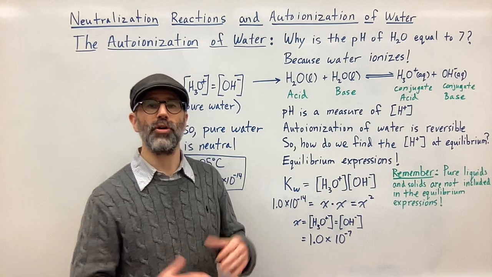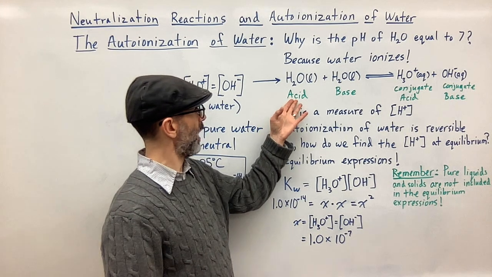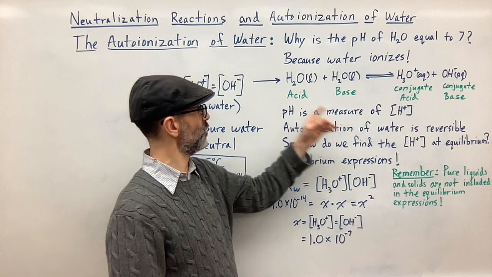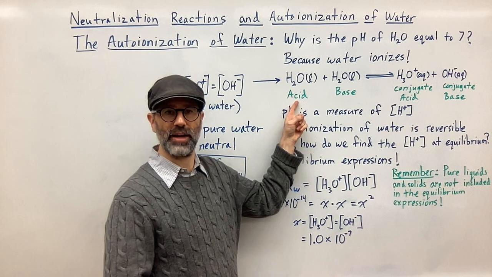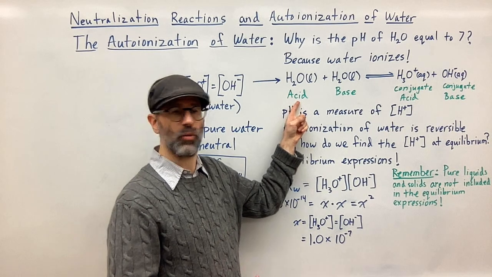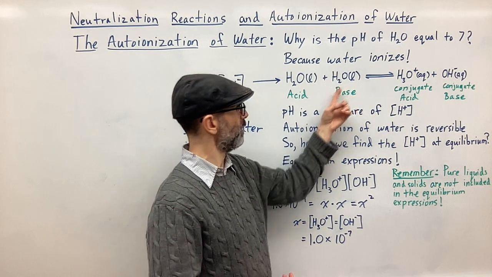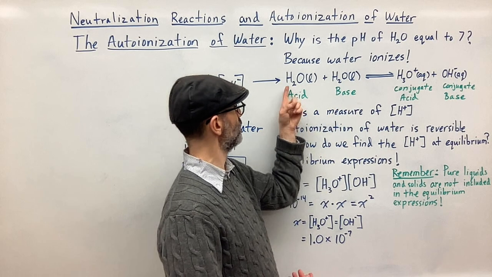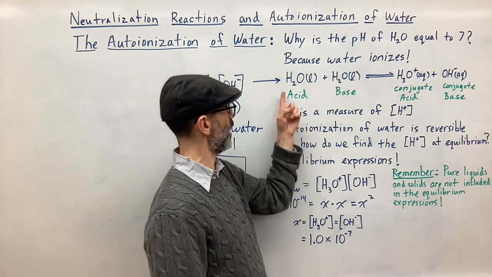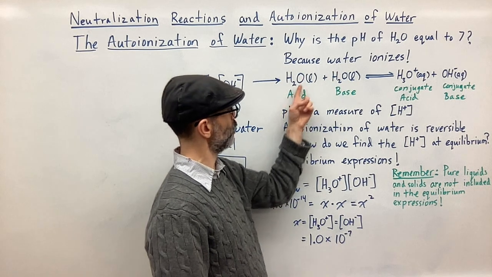That means that it can act as an acid or a base. And so if all you have are water molecules, then the water molecules can act as an acid or base with each other. So if this water molecule acts as an acid, it's going to donate one of its hydrogens to the other water molecule that is acting as a base. So then you get this H plus transfer, a hydrogen or proton transfer from one water molecule to the other.